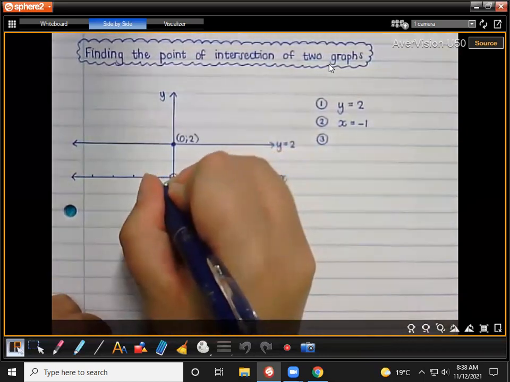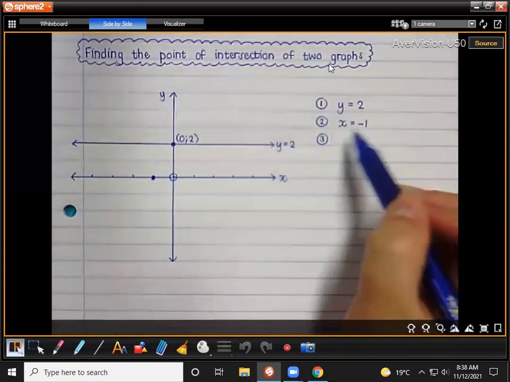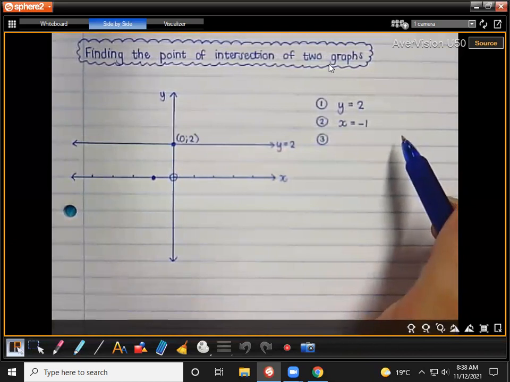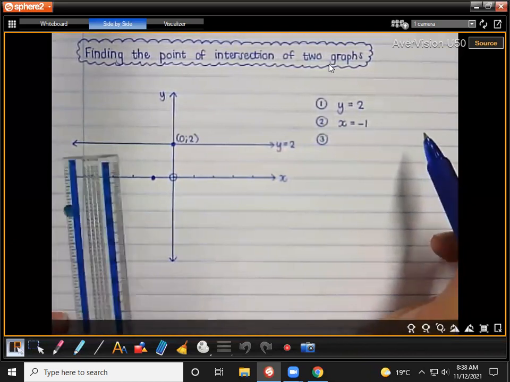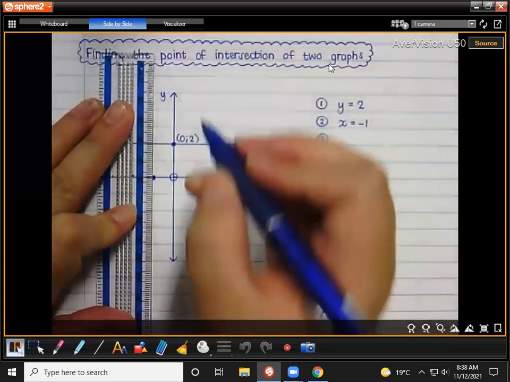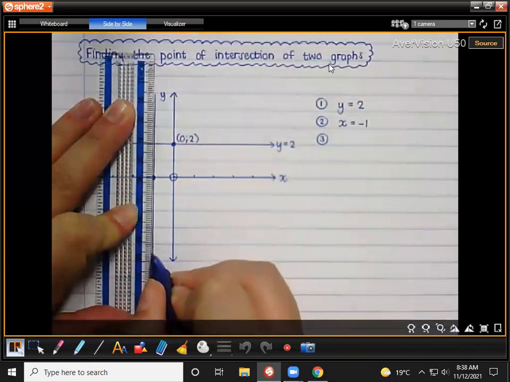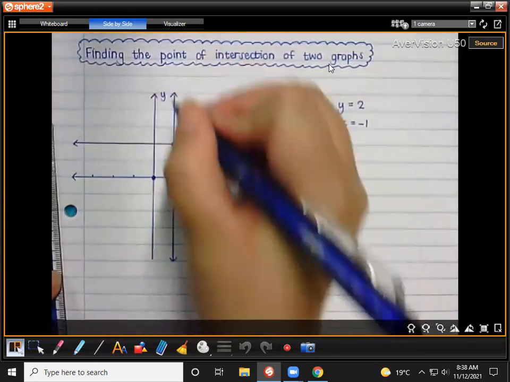So we make a point there. And is there a y in this equation at all? No, so it's not going to touch the y-axis at all. It's only going to go through the x-axis at -1. And then it's just going to be a vertical line going through that point.